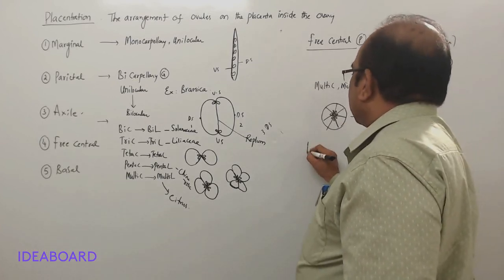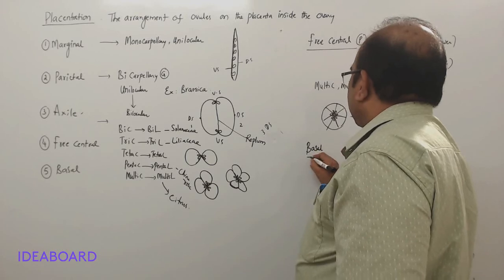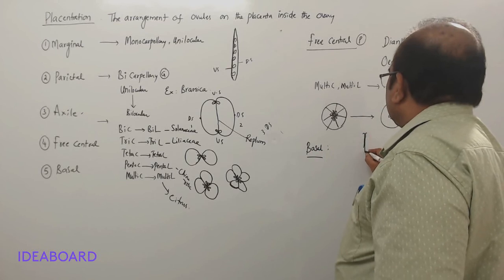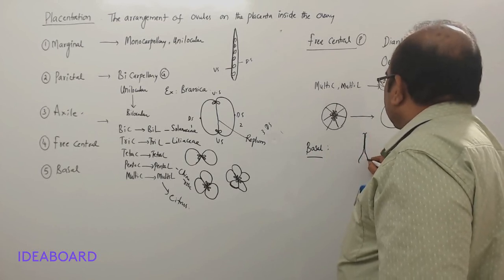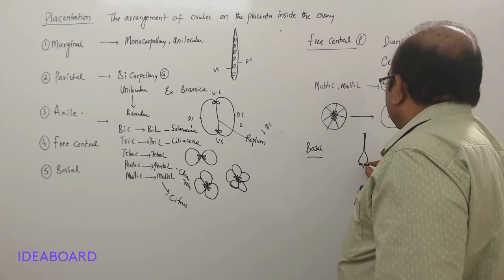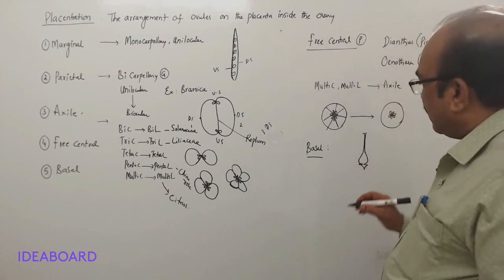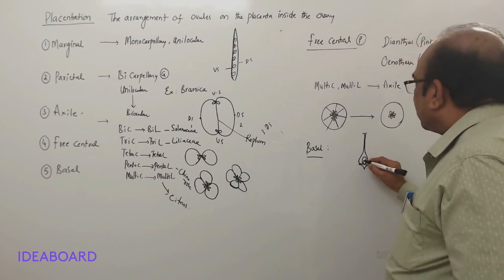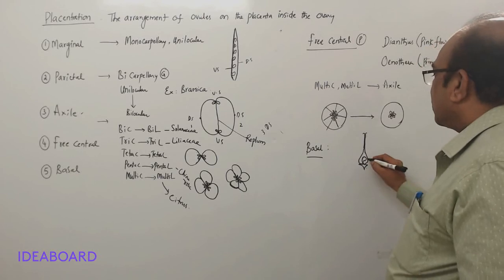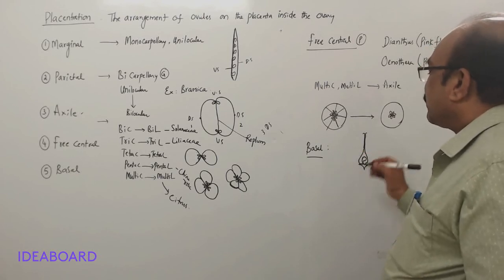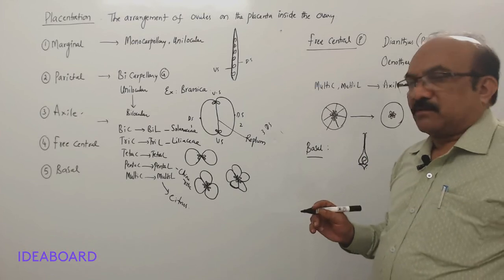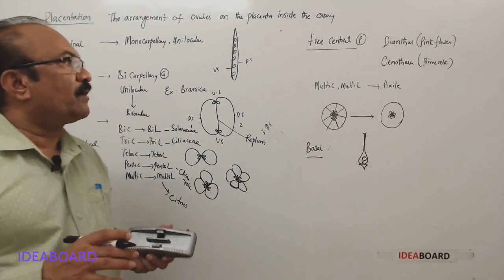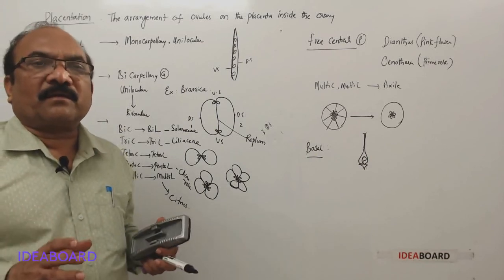And now let us see the basal placentation, very simple, and you will find this basal placentation in the gynoecium of sunflower, and you will find a single ovule attached at the base. So this is called basal placentation. So these are the different types of placentations, and with that we have completed this topic, flower.